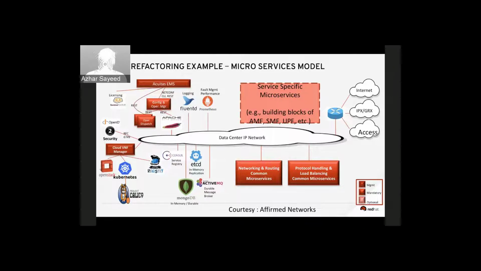So what was previously packaged all together as a single virtual machine or a set of virtual machines as part of a VNF is now completely refactored and broken into all of these microservices. And then these microservices need to be managed as a cluster, as a group, and then deployed in these various different thousands of locations that we need to cover.